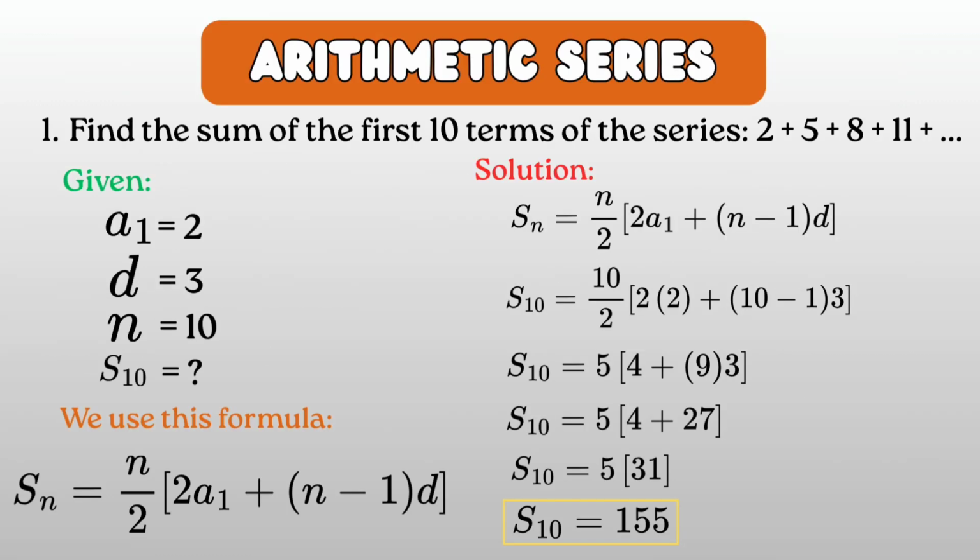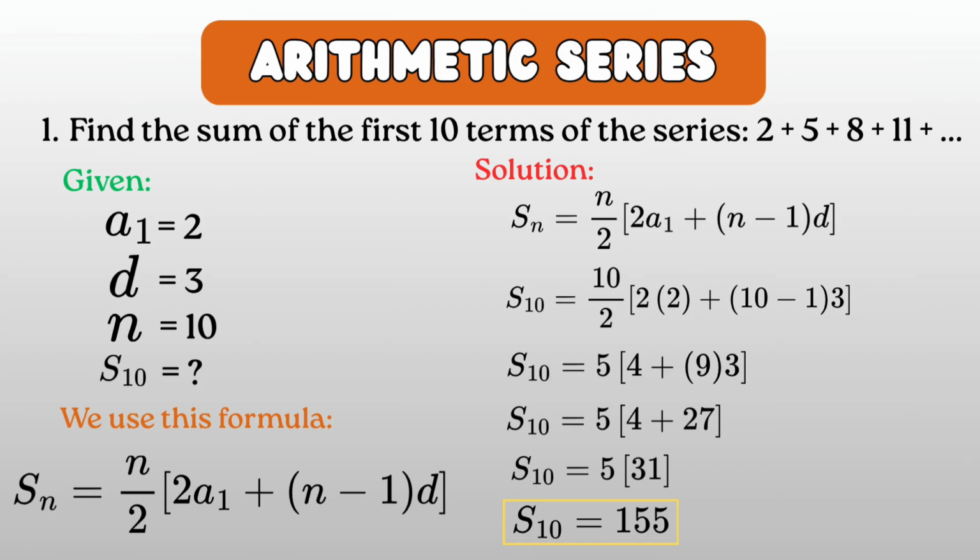Let's look at example 1. Our series is 2 plus 5 plus 8 plus 11 plus, because we are adding every time. This is an arithmetic series. We need to find the total sum of the first 10 terms. First, let's list down what is given. Our first term is 2.